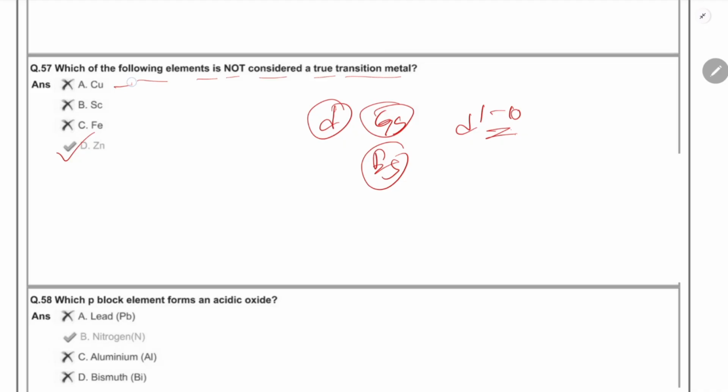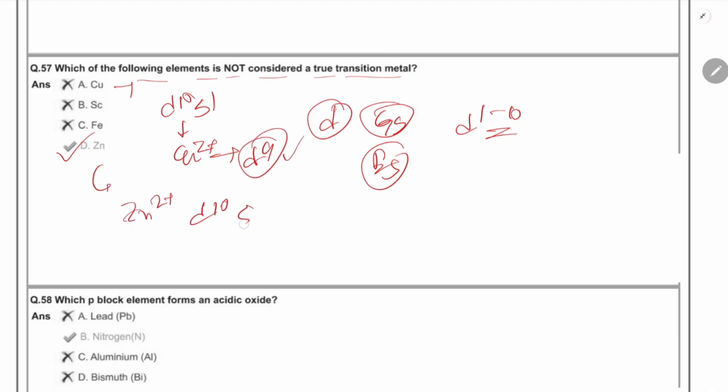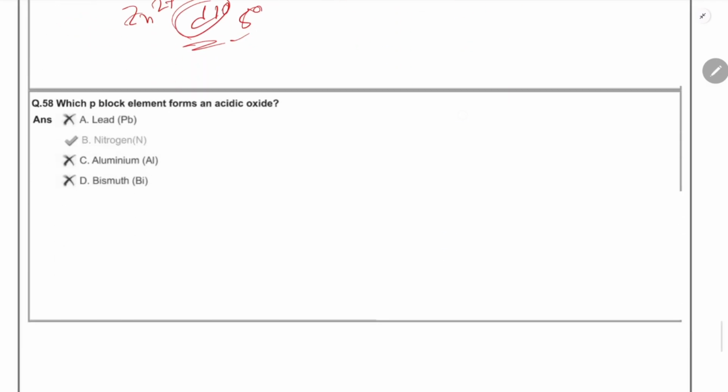So for the copper system, normally this is d10 s1, but when Cu2+ is the most stable state, it exists as d9, so this is a transition metal. But zinc in Zn2+ is a d10 system and s0, so filled d orbital, so this is not a transition metal.